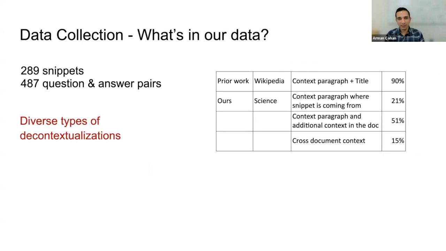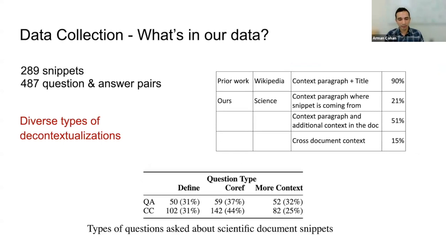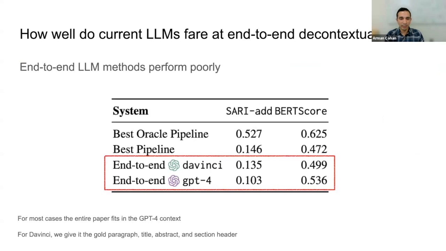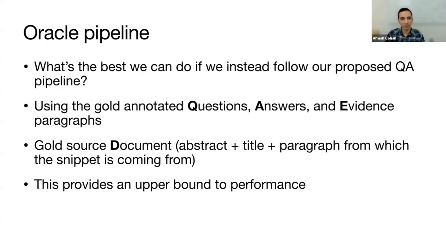So this is the details of the data set, and it includes a lot of complicated decontextualization cases and about 15% cross-document context. And yeah, we see that this end-to-end performance is actually not great here. And the best performance that we get using our humans is much better than the end-to-end performance.